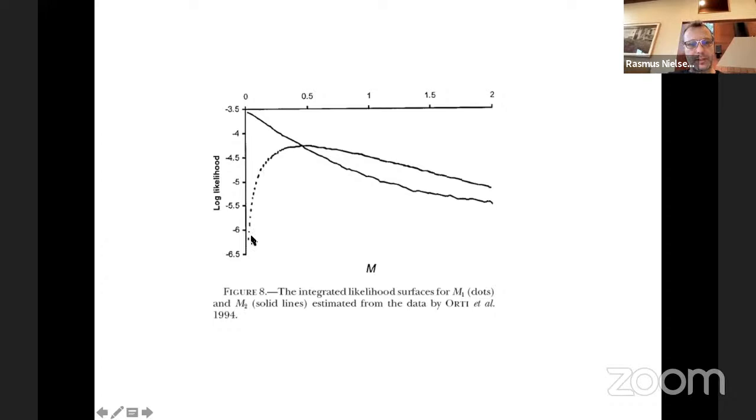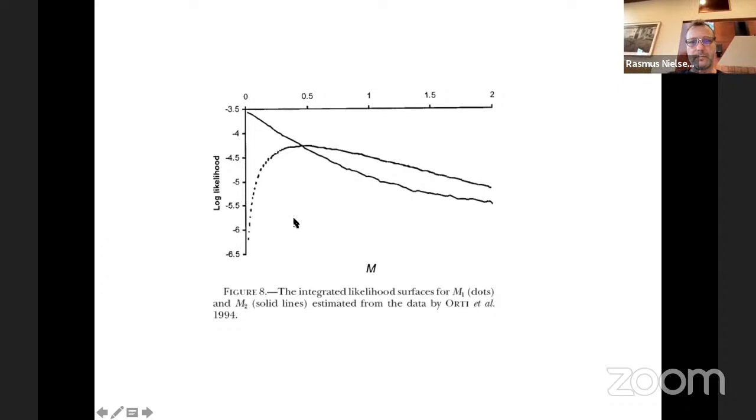All right, so what we see here is that there's one likelihood function like this and another likelihood function like this. I believe, as far as I remember, this is from west to east, and it's maximized at m equal to 0. That means that sticklebacks don't swim from west to east. Our best estimate is that the migration rate is 0. But if we look from east to west, we see that there is a value of about 0.5 or maybe 0.45 where the likelihood function is maximized.